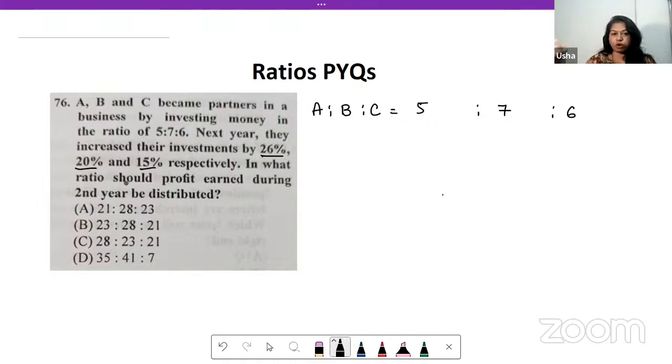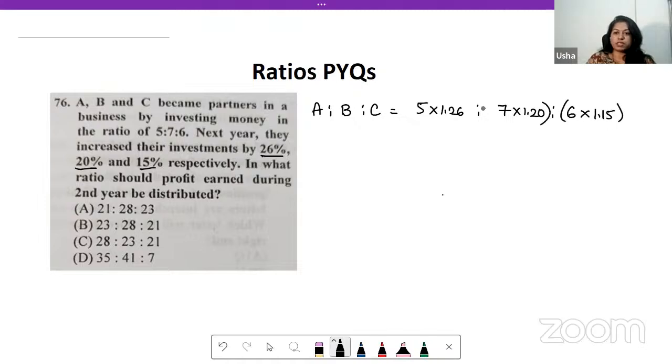If you have already watched our percentages video, you will know how to calculate increased or decreased percentage using percentage factor. So there is a 26% increase, means multiply this by 1.26. Here, second person has increased their investment by 20%, multiply with 1.20, and third person has increased their investment by 15%. So multiply with 1.15.